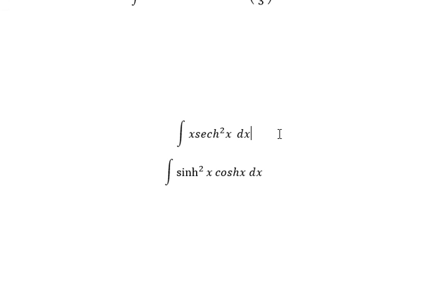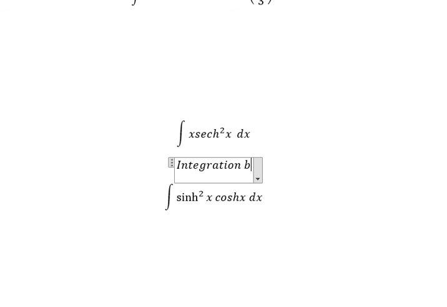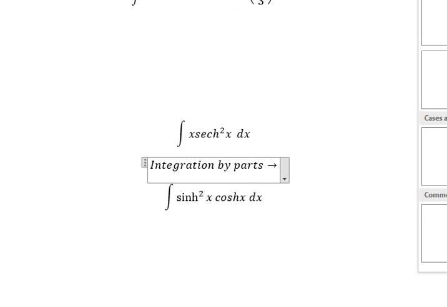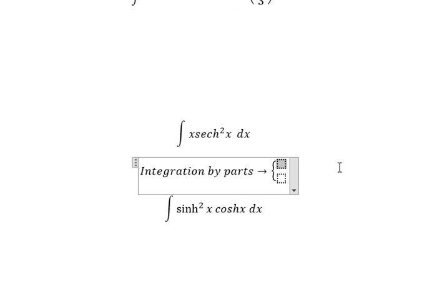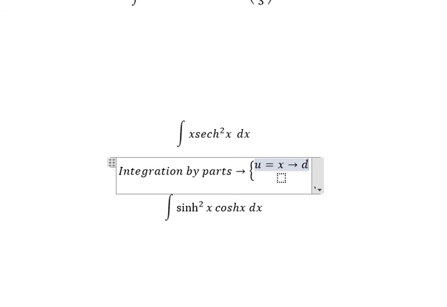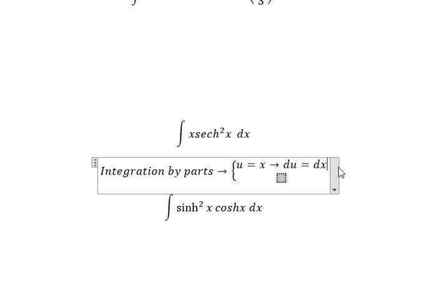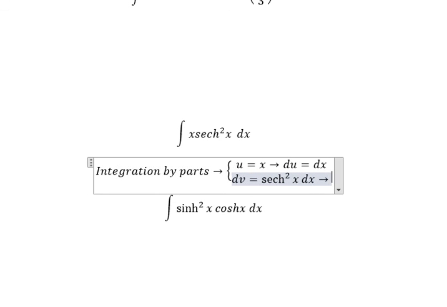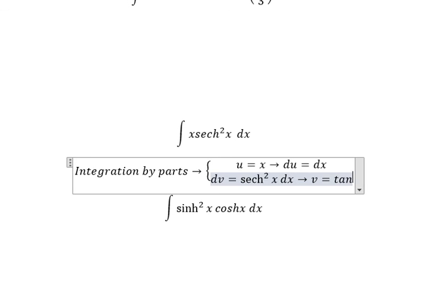Next, we need to use integration by parts. So for this one, we got u equals s, du we got ds, dv we got secant squared s ds. So we got v equals tan s.